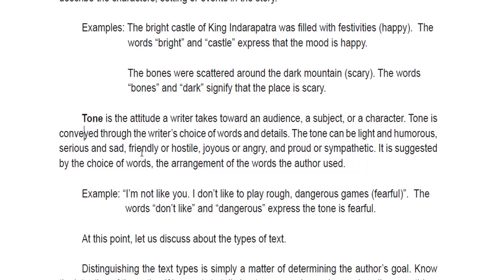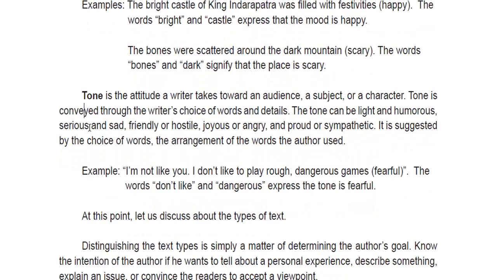So it is suggested by the choice of words, the arrangement of the words the author used. So remember, in short, tone is the way a narrator or speaker or character speaks. So it is the attitude of the writer of the story.